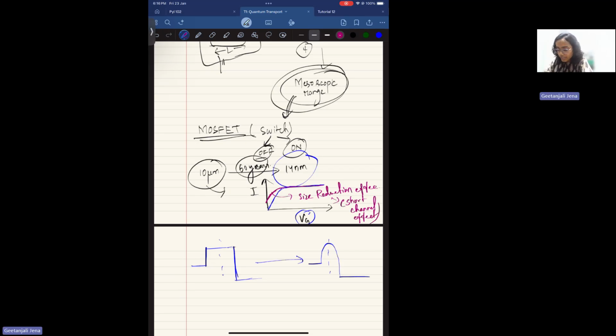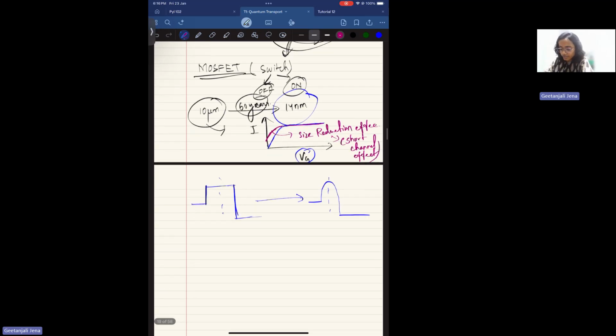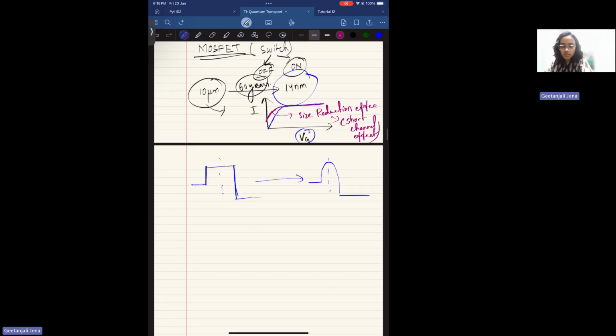To suppress this short channel effect, the modern transistor must satisfy a natural length.